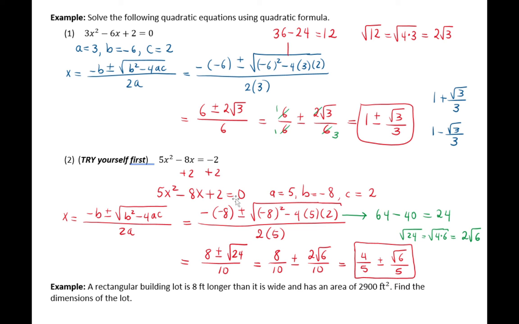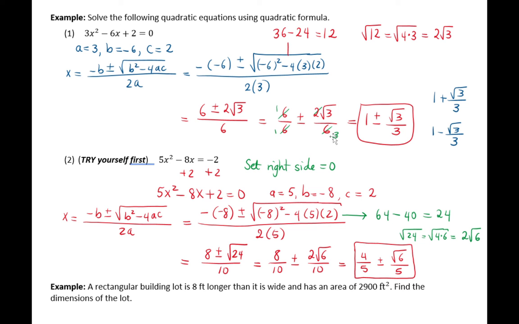So you have to set one side equal to 0. Don't forget that. That's something really important. So set the right side equal to 0. That's so important. Once you do that, it's pretty much the same thing that we followed in the previous problem.